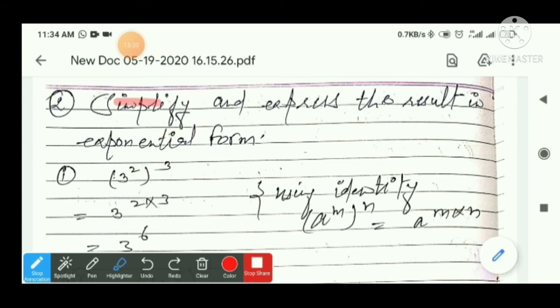Okay, so please look at the question number 2. Simplify and express the results in exponential form.